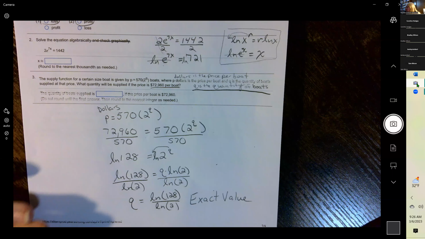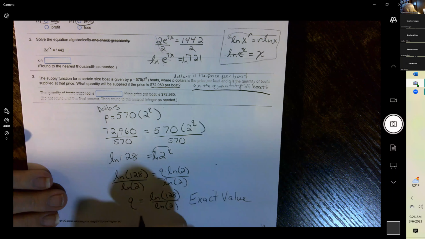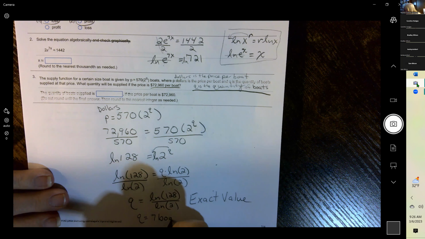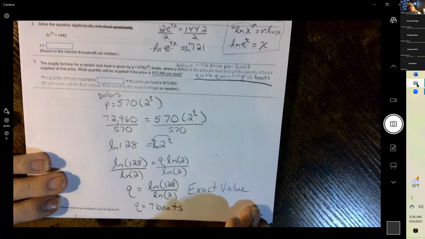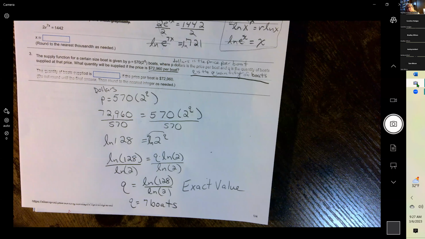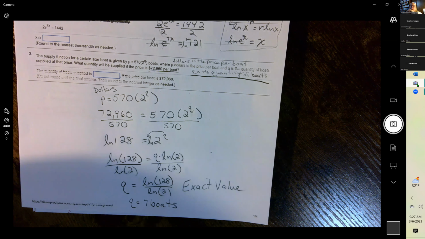And you should get 7. So if the cost is $72,960 per boat, we will produce and sell 7 boats. Any questions?